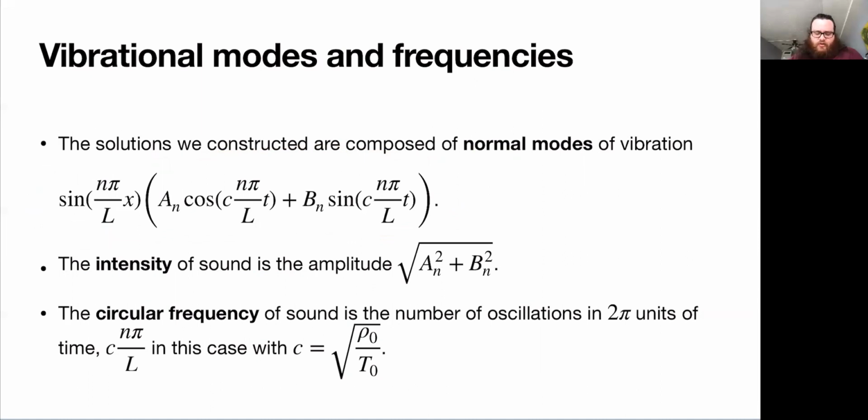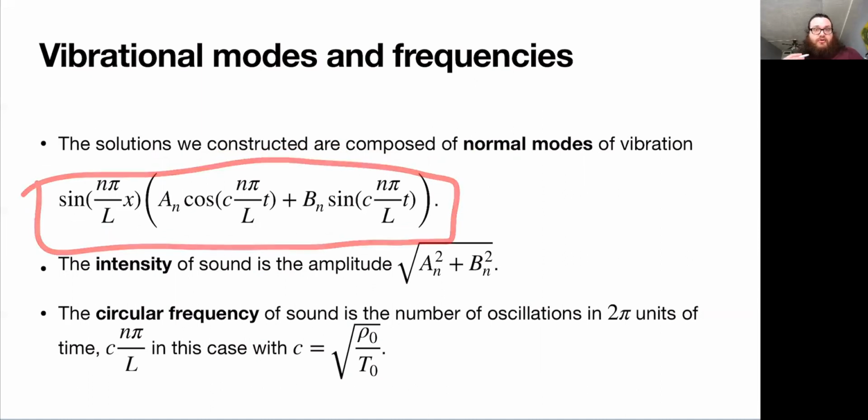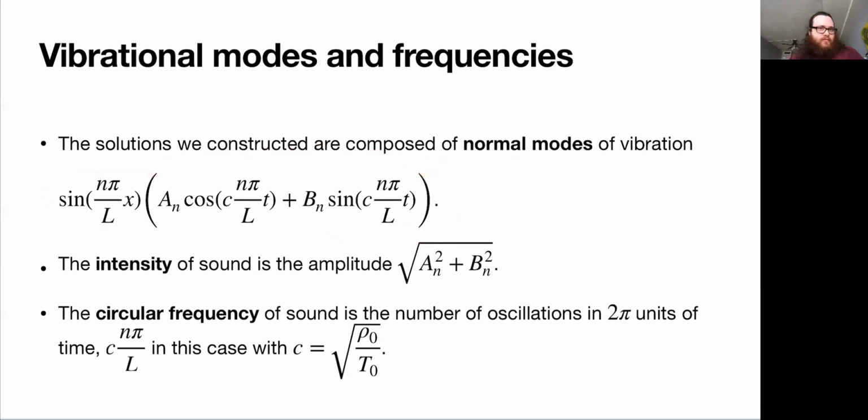Okay, and so these terms right here, these are usually called normal modes for a string or whatever other medium is vibrating. These are just the building blocks that we computed. And so then the intensity, kind of the amplitude or strength of each of these normal modes, that's going to be the square root of the coefficients for each of these terms squared. Okay. That's how we're defining the intensity or this amplitude.